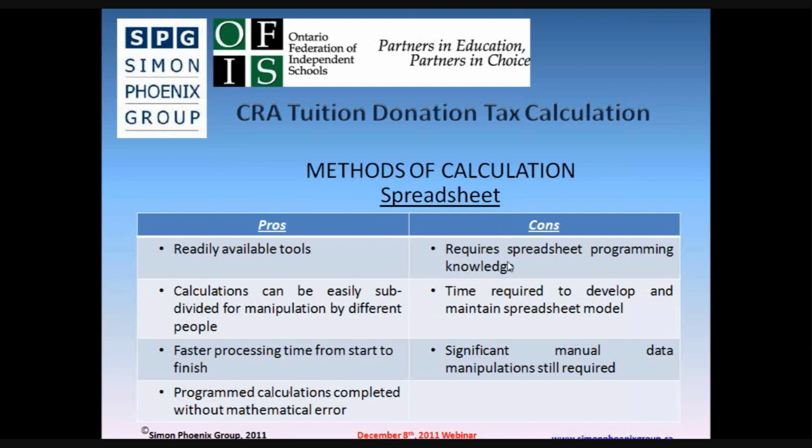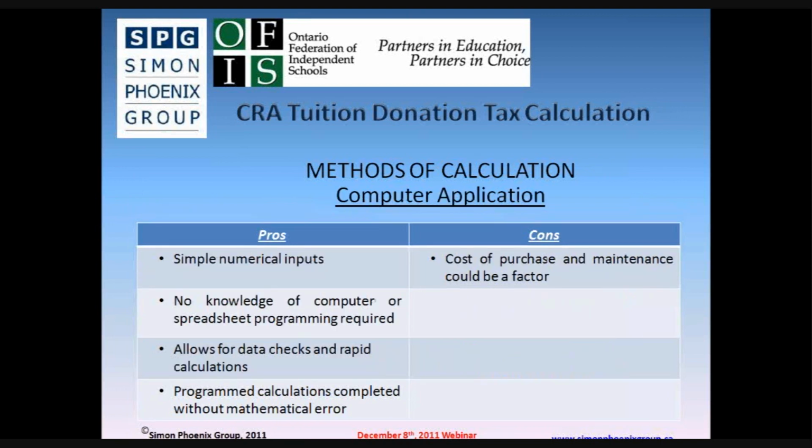Some of the disadvantages or cons is that it does require spreadsheet programming knowledge, and for those of you who can do it, great. It's probably a very good tool. There is time required to develop and maintain the model, and depending on how sophisticated your spreadsheet model is, it may require you still to perform manual data manipulations.